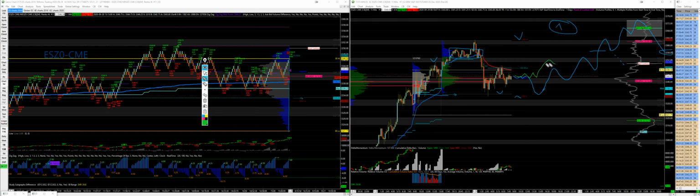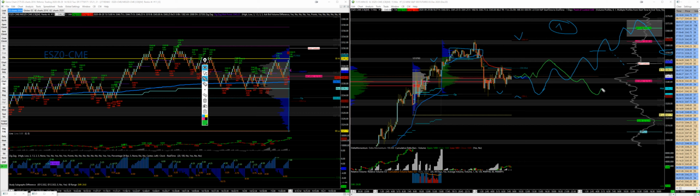Turn in that VPOC, turn in that mid-century area, LVN area, stock zone area. Go back in the composite point of control or high volume node. Chop around.